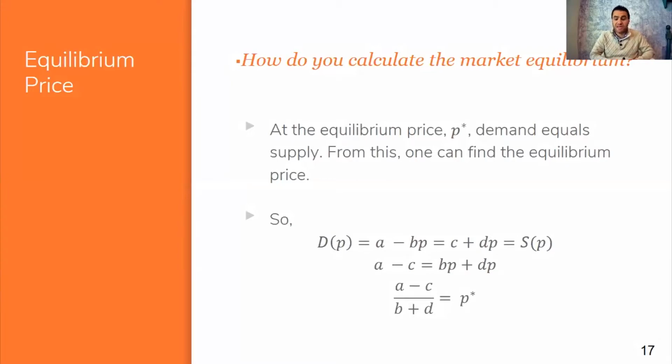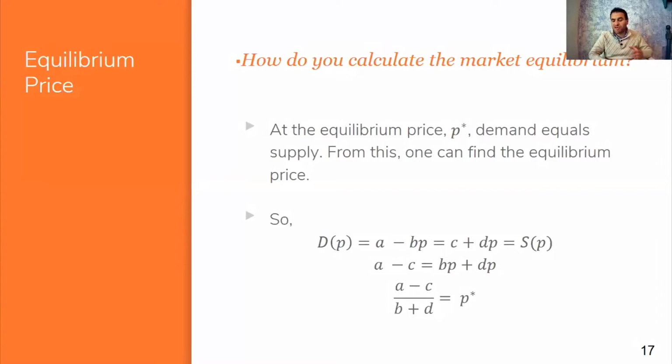And if you do the algebra and solve for the price, you find the market price or the equilibrium price, P star. At that price, you can exactly find the equilibrium quantity that satisfies this condition. And that's the next step.